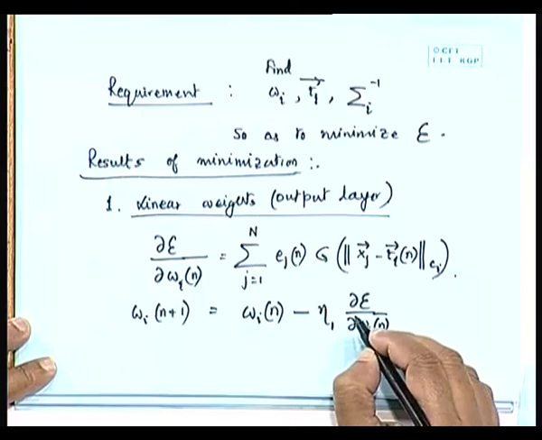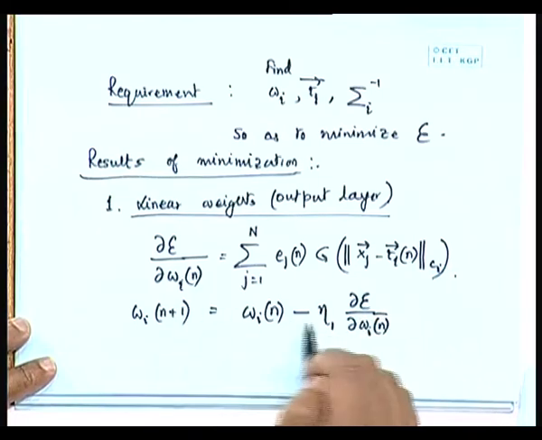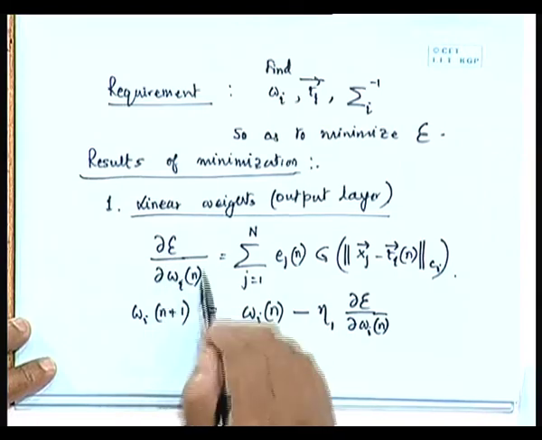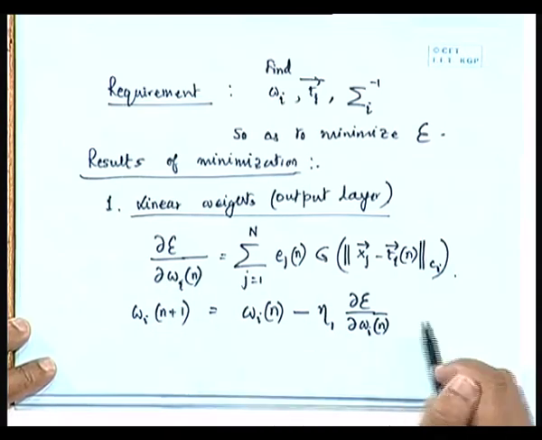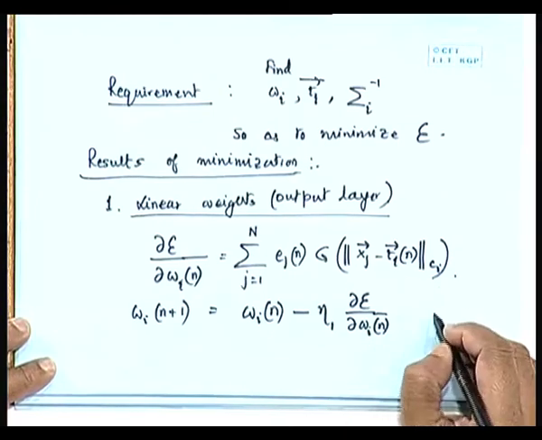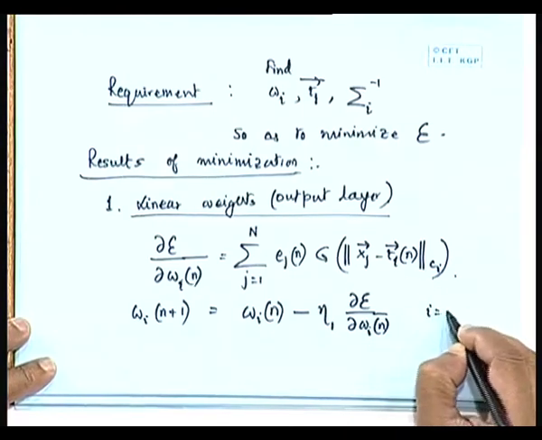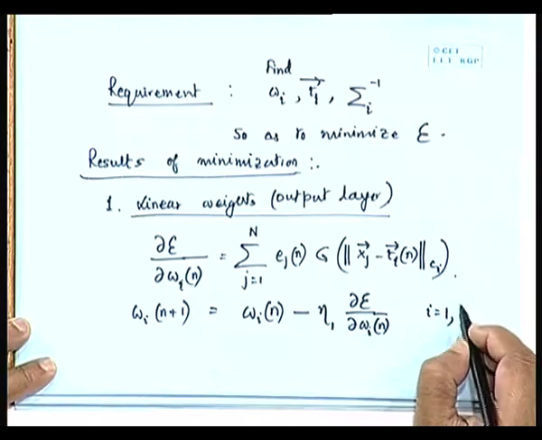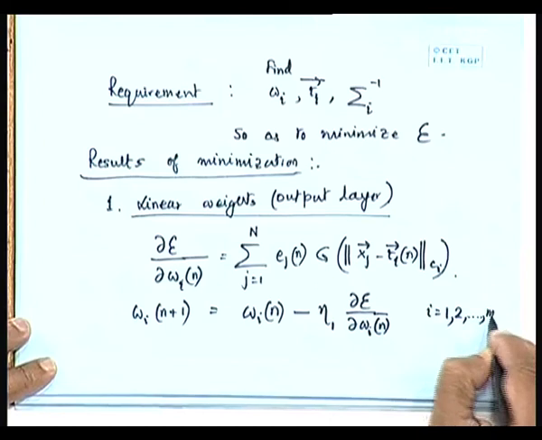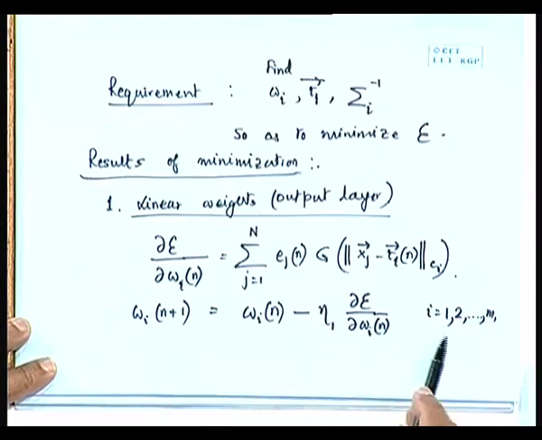The simplest gradient descent type of technique: learning rate times the derivative that we have obtained becomes our updated weight. And mind you, we have to carry this out for all the i's, for i equal to 1 to m1.